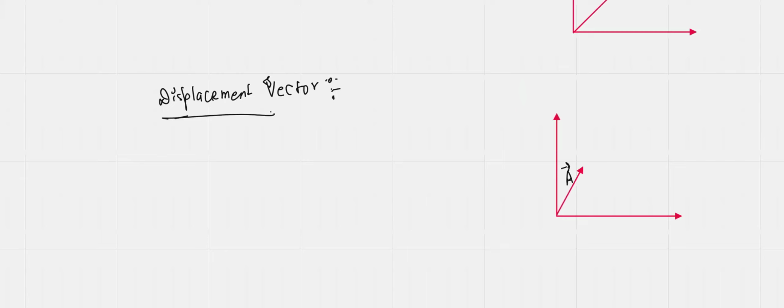Let's say I was starting here and I moved randomly, from this point to this point to this point, covering a whole area, and finally I ended up here. If I ask you what is my displacement, you will simply say initial point and final point, right? This is my final point, this is my initial point. So the displacement vector is the vector which goes from the initial to the final point. Clear? Understood? So in this case, this is my displacement vector.